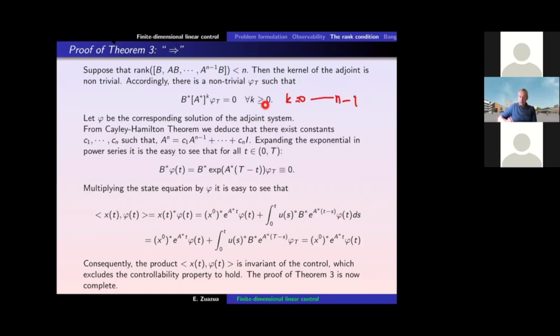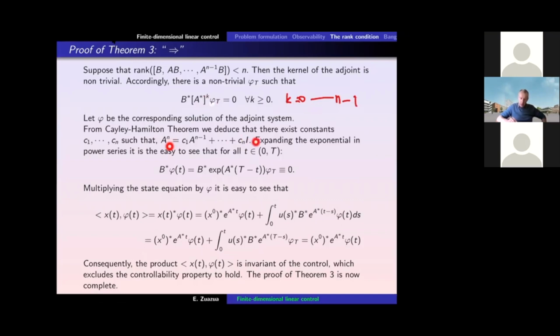Why is that? It's because Cayley-Hamilton indicates that every matrix is a zero of its characteristic polynomial. You can apply Cayley-Hamilton also to A star. That will also be a zero of this characteristic polynomial. And this means that once you know that phi T is in the kernel of these operators for k from 0 to n minus 1, then for all the consecutive powers, it will also be in the kernel.